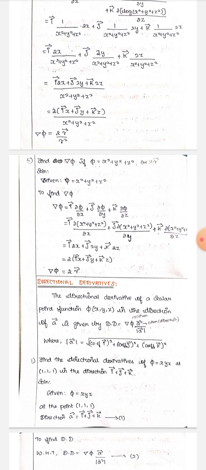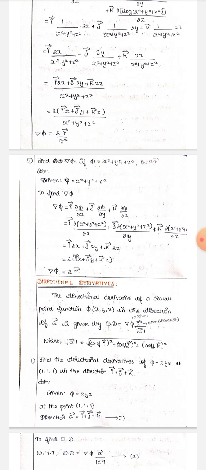So you can substitute the pi value: i vector of dou of x square plus y square plus z square divided by dou x, plus j vector of dou of x square plus y square plus z square divided by dou y, plus k vector of dou of x square plus y square plus z square divided by dou z.